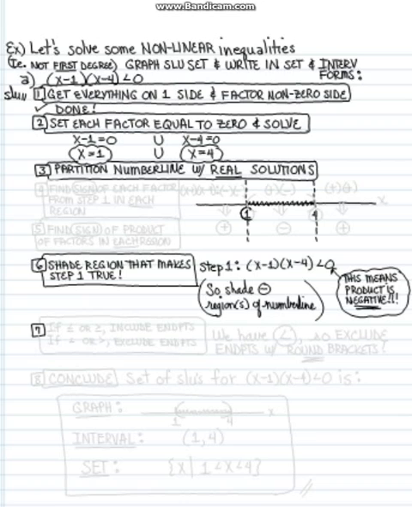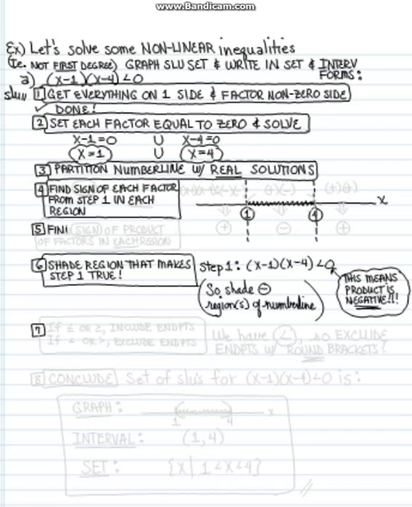Step 4, find the sign of each factor from step 1 in each of the 3 regions. The factors in step 1 were x minus 1 as one factor, and x minus 4 as the other factor. Now we want them to multiply together and give us a number that's less than 0. To be less than 0 means we want their product to be negative.